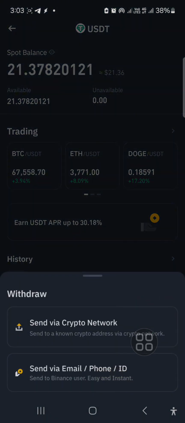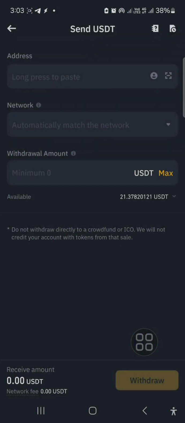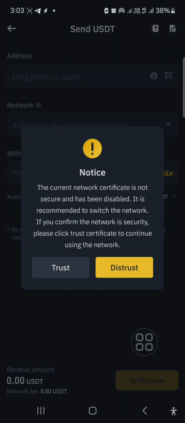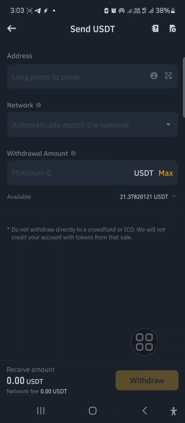So I've clicked on withdrawal, and I've clicked on send via crypto network. All right, now it is asking I should put the address, which is like the account number, right? Then I should put the network, right? And then I should put the withdrawal amount. All right, it is just as if you are sending from one bank account to another.